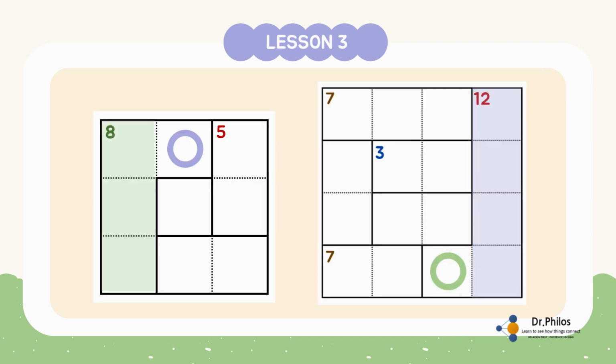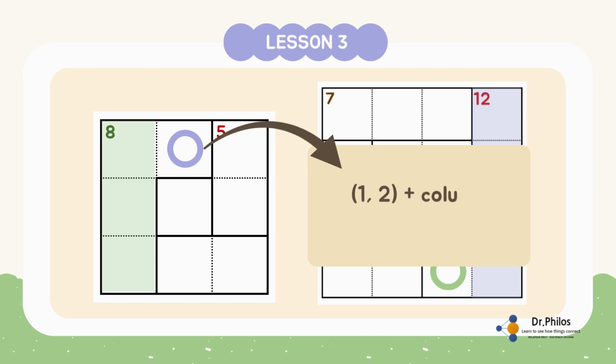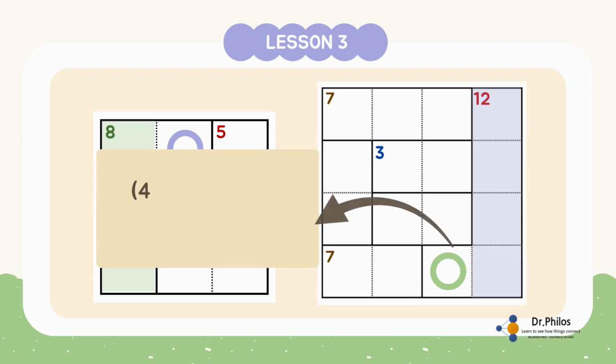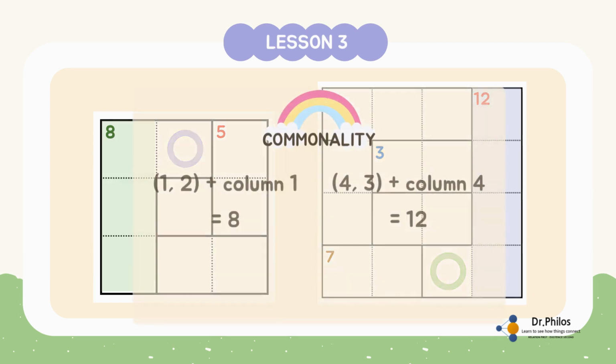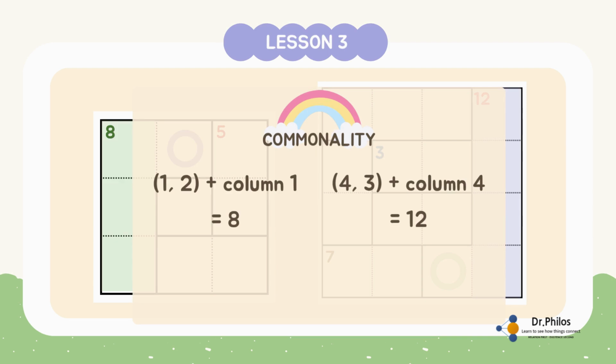Let's talk about what 1, 2 in the left problem and 4, 3 in the right problem have in common one more time. Just like we know the sum of 1, 2 plus column 1, we know the sum of 4, 3 plus column 4. So the way to figure out that box is the same. How do we figure it out? We figure it out by subtracting the sum of a line from the sum of the blocks.